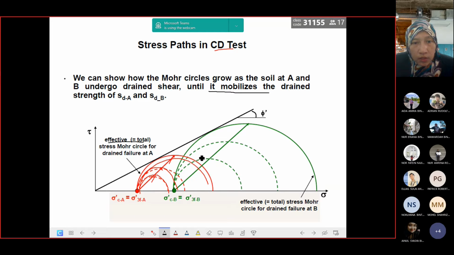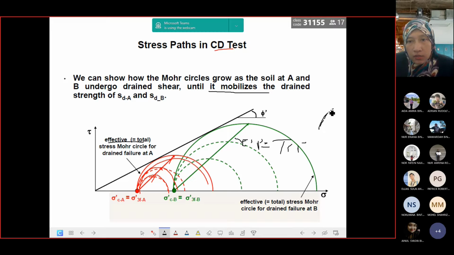At one time, bila the Mohr circle you reach to the failure envelope and also the stress path you meet to the failure lines, you akan nampak the line of the stress path for ESP dan juga TSP adalah satu line yang sama ataupun dalam laluan tegasan yang sama berbanding dengan CU.